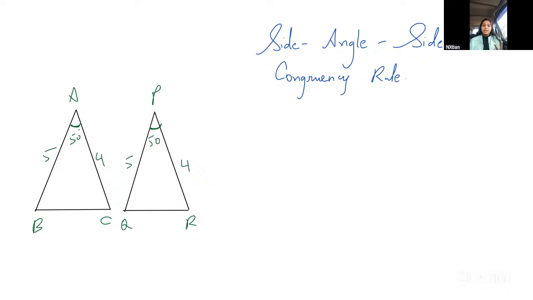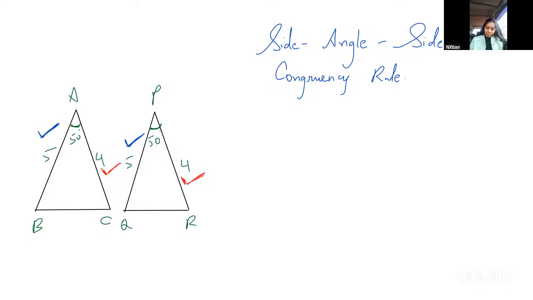Yesterday I explained the meaning of corresponding sides. The left side of this triangle and the left side of the other triangle are corresponding. Then the right side and the right side are corresponding.